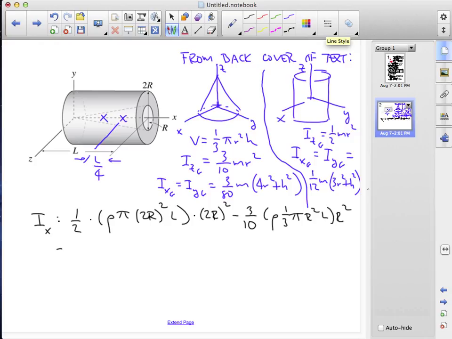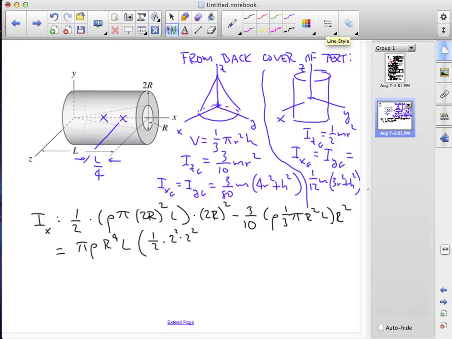So we have a bunch of common terms we can pull out here. We'll pull out a pi and a mass density and an r to the fourth and an L. And then what we're left with for the cylinder is 1/2 times 2 squared times another 2 squared.